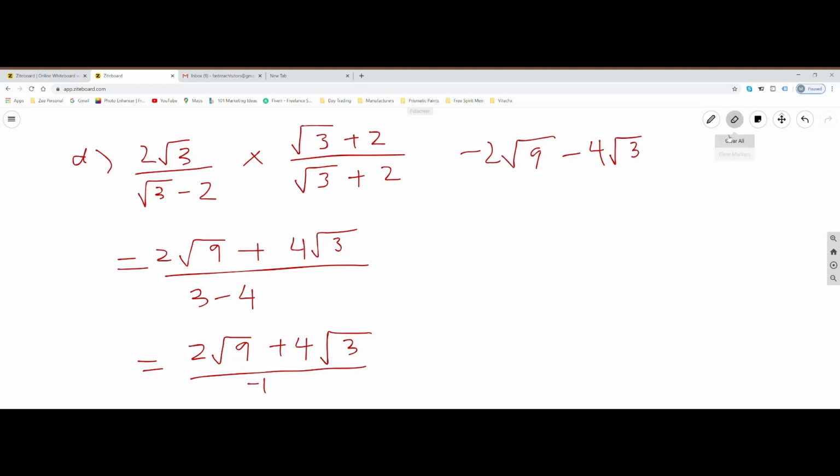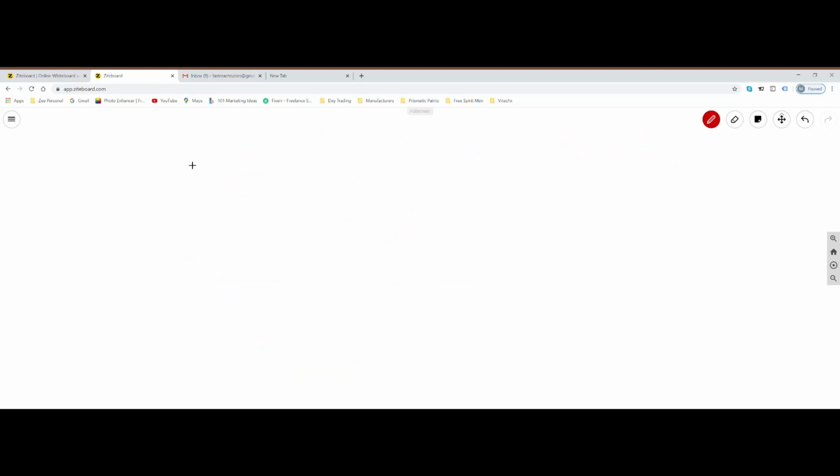Let's look at E. 5 square root 3 over 2 square root 3 plus 4.